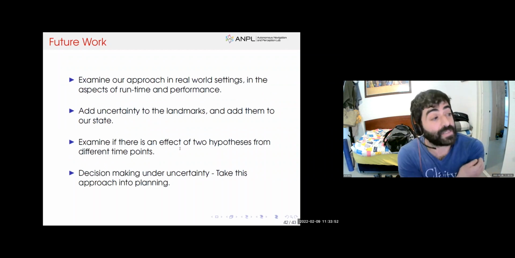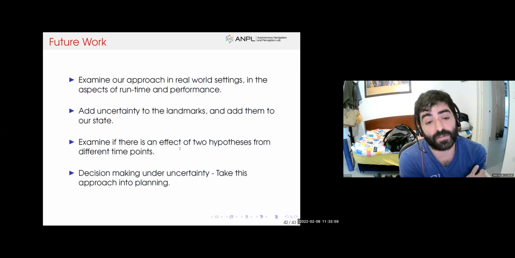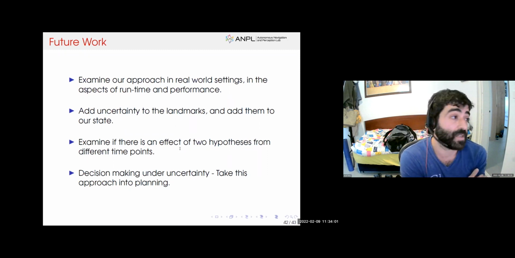Possible future work that this can be taken to. Again, our simulation was a proof of concept. It was done using GTSAM and MATLAB. We think it would be very interesting to show how this approach can be taken into a real-world setting and see how the aspects of runtime and performance would be affected by taking this into the real world.